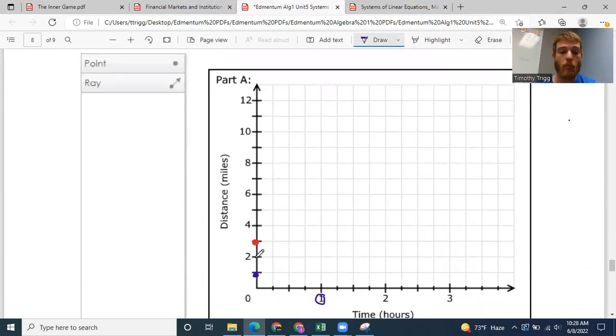So I want to go up 5, 1, 2, 3, 4, 5 over 1. That puts me all the way out to here, because that's where the 1 is. Then up 5 over 1 again, right here. So this is actually Beth's line.